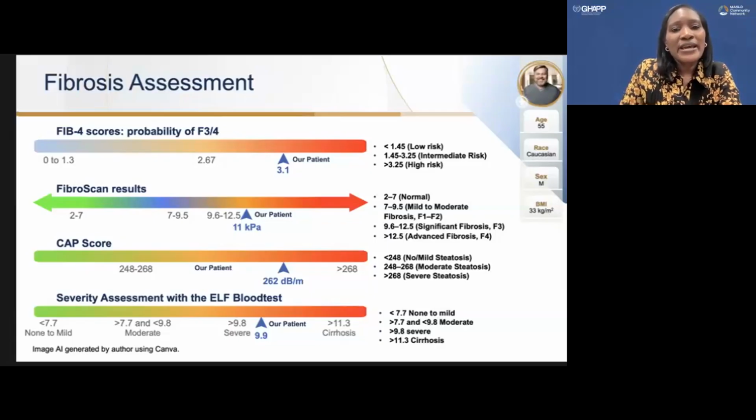FibroScan came back as 11 kPa, which puts this patient in the significant fibrosis range, F3, and the CAP score is 262, which is moderate steatosis. The ELF test came back as 9.9, which is also severe fibrosis, but not cirrhosis.